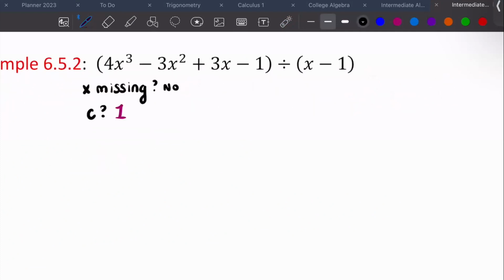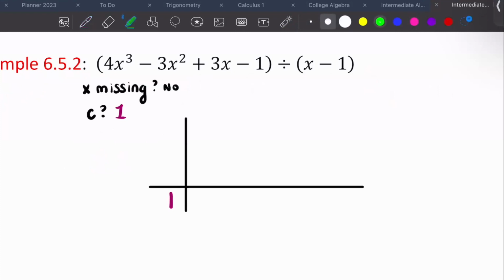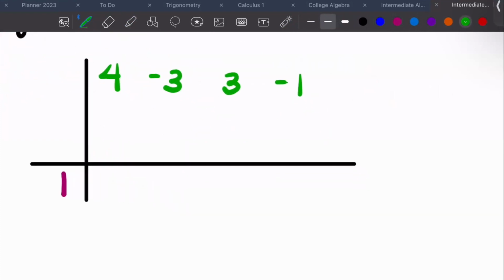Let's make our chart. Our C always goes in the bottom left-hand corner. Now we are looking at our coefficients: 4, -3, 3, -1.